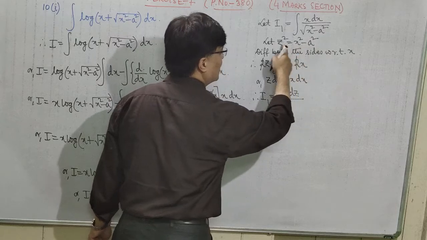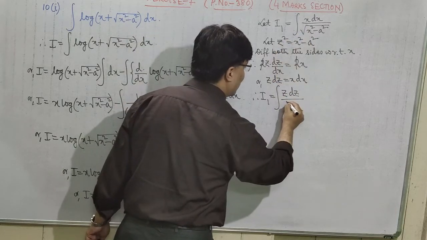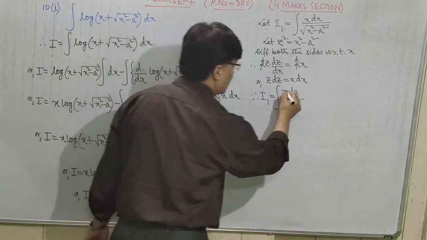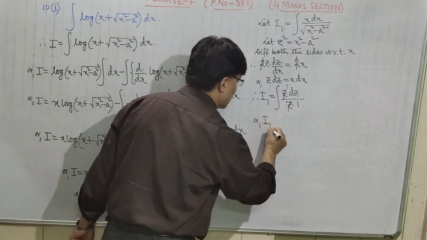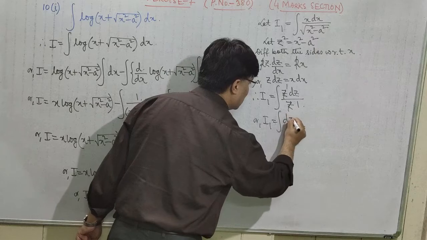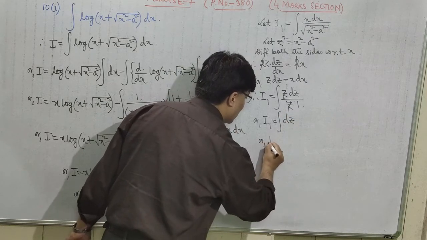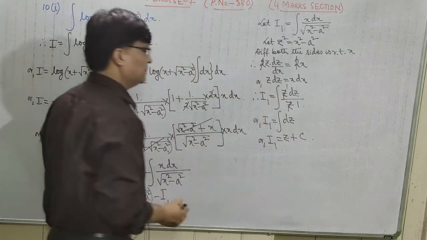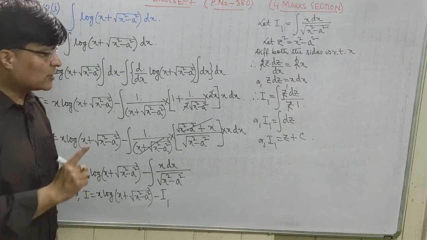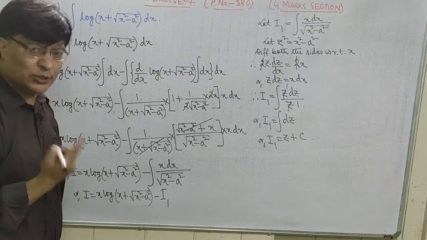X square minus a square is z square. So what is root over z square? It is z. So here z will be cancelled. Or I1 is equal to integral dz, or I1 is equal to z plus c. Integration of dz is z plus c.